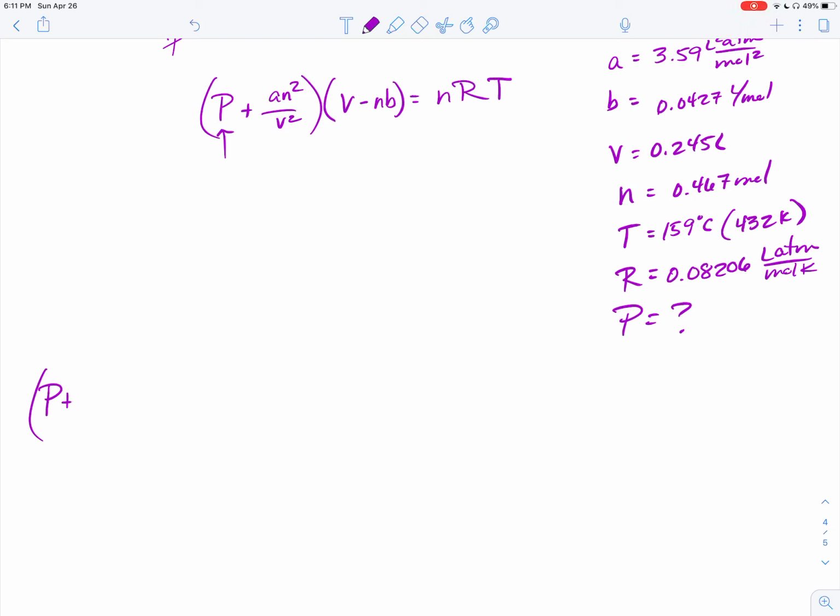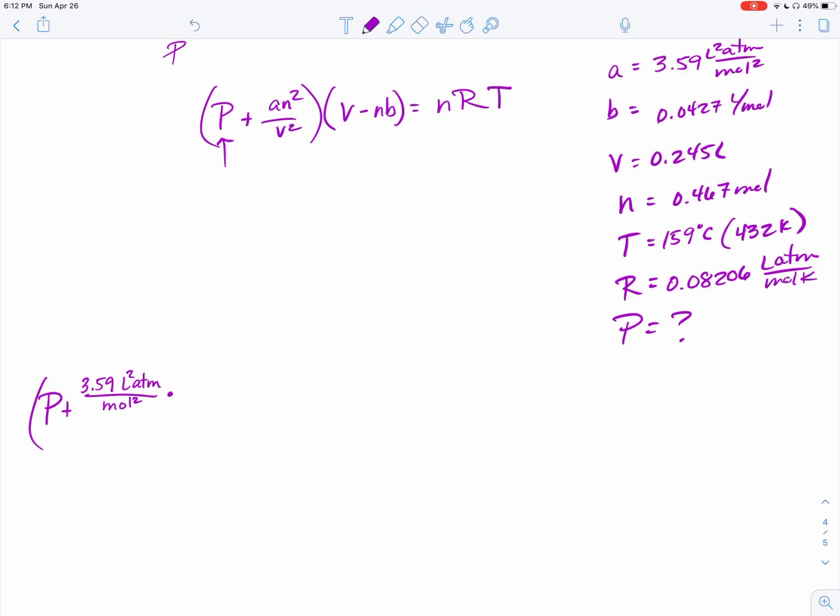So P plus A, which is our 3.59 liters squared atm per mole squared, times our n squared, 0.467 squared mole squared.